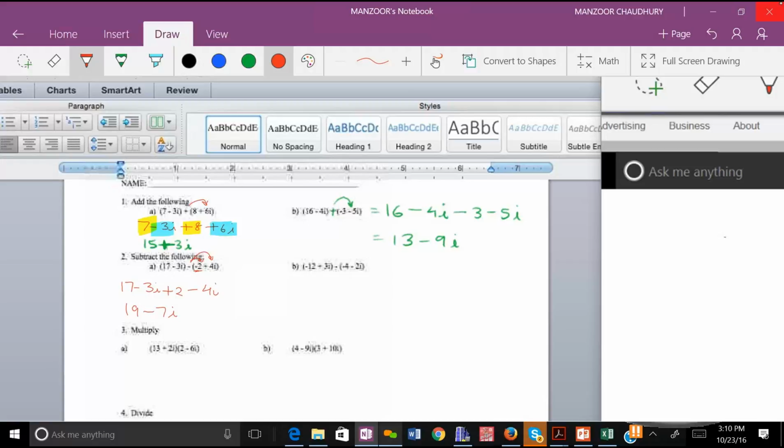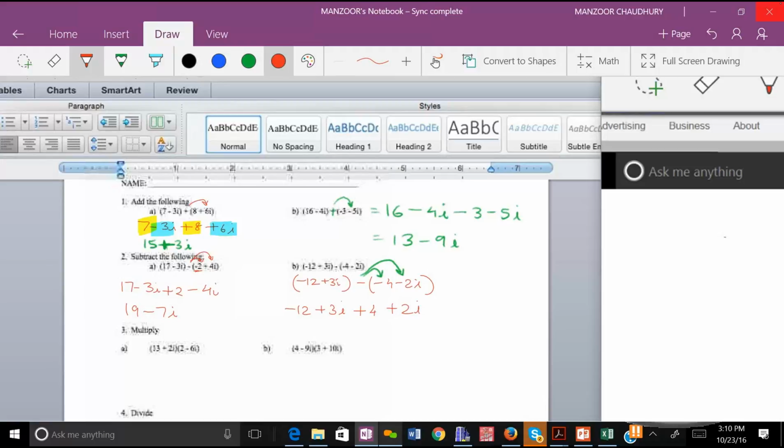Okay, number B, does it say negative 12 plus 3i minus negative 4 minus 2i? Is that the question? Yes. If that is the question, you have to make sure this negative becomes positive. So it'll be negative 12 plus 3i plus 4 plus 2i.